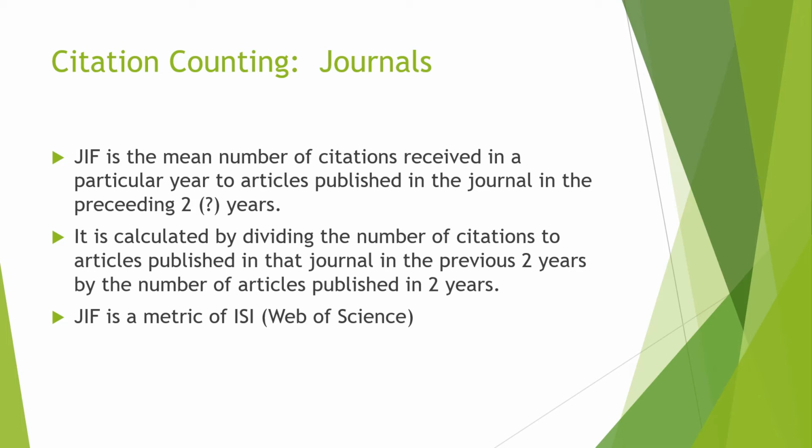This is what it appears to be, but it's a trade secret, and they don't tell you exactly how they do it, even though this is what people believe. It is calculated by dividing the number of citations to articles published in that journal in the previous 2 years by the number of articles published in those 2 years.